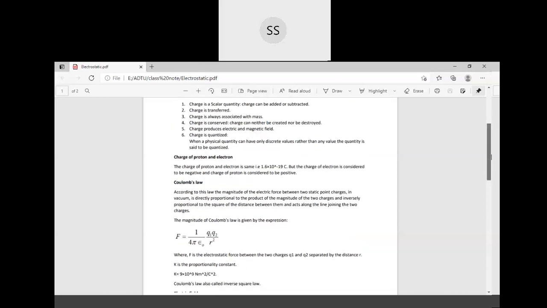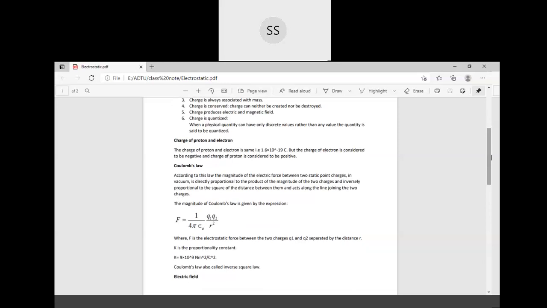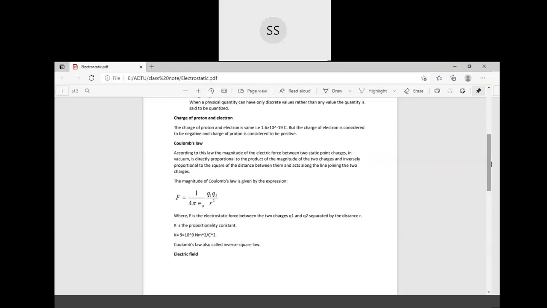Now today we will continue with Coulomb's law. We know that positive charges repel each other, negative charges also repel each other, but positive and negative attract each other, right? When positive and negative charges attract each other, or when charges of the same sign repel each other, they use some force to attract or repel, right?